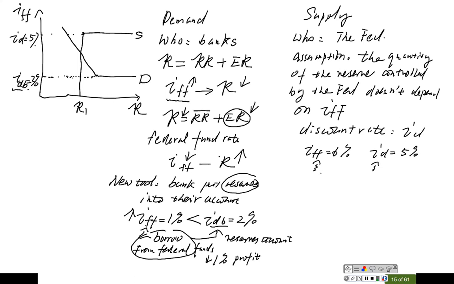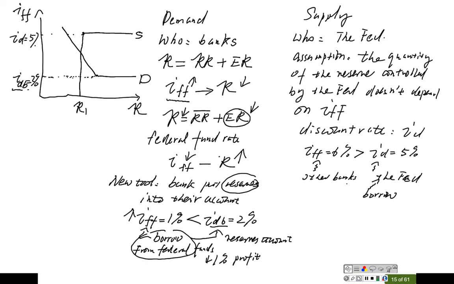If the federal funds rate is greater than the discount rate, as a banker, where do you want to borrow money from? Do you want to borrow from other banks, or do you want to borrow money from the Fed? The answer is quite straightforward. Because the discount rate right now is lower than the federal funds rate, all the banks will try to borrow money from the Fed instead of the federal funds market.